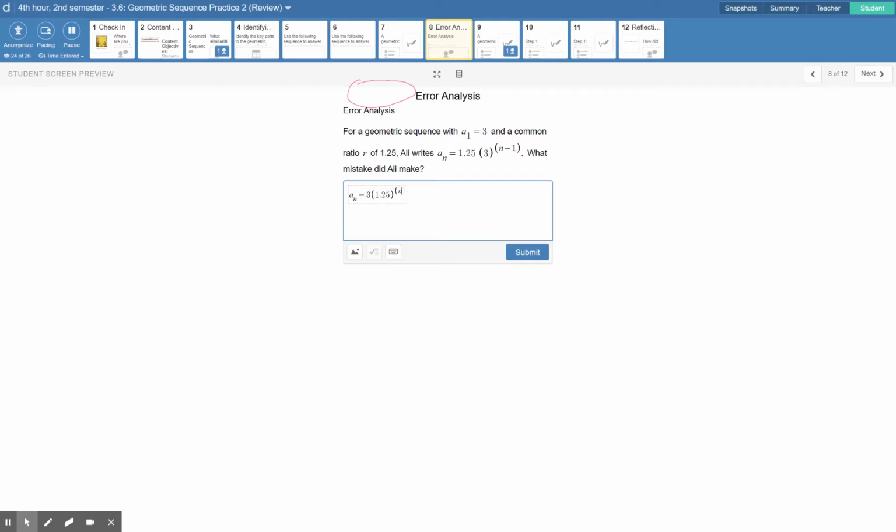So you can write that he switched them. Write a sentence, do what you need to, but use slide 3 to help you as well. Because this is explicit formula. In explicit formula, the a sub 1 goes outside the parentheses. The common ratio goes inside the parentheses.